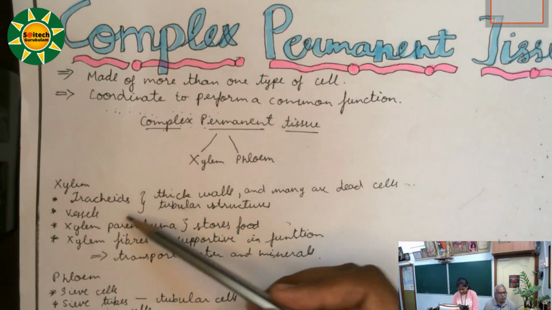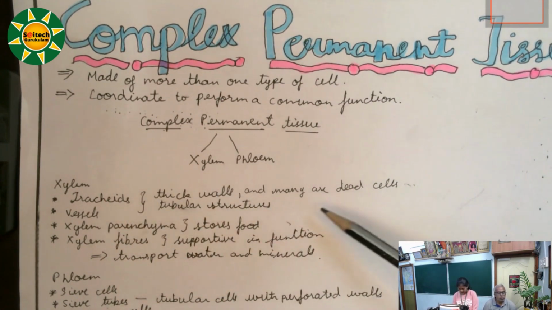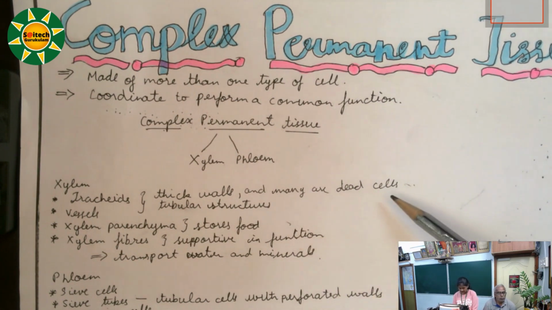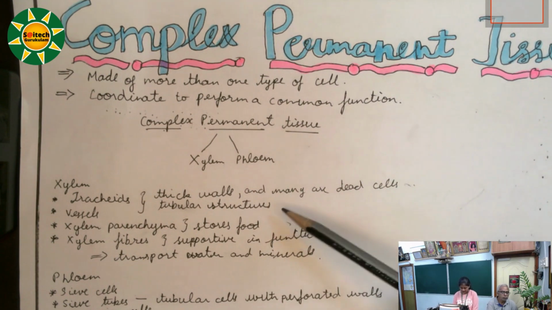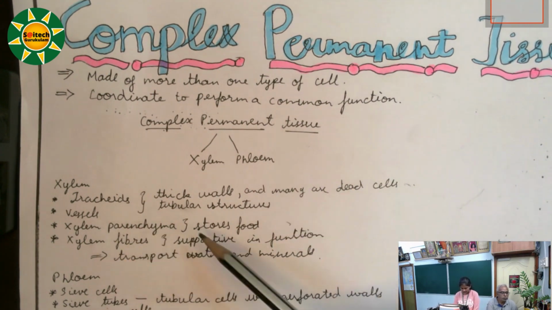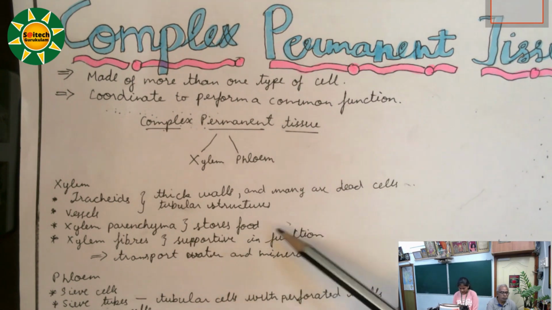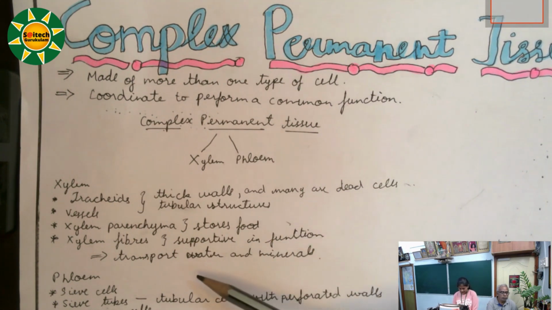Tracheids and vessels have thick walls and many are dead cells, and they are tubular structures which can easily pass minerals and water through them. Xylem parenchyma stores food, and xylem fibers are supportive in function. And xylem's main work is to transport water and minerals in a vertical direction.